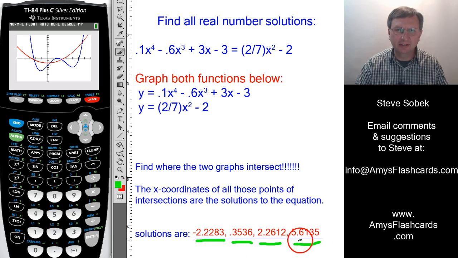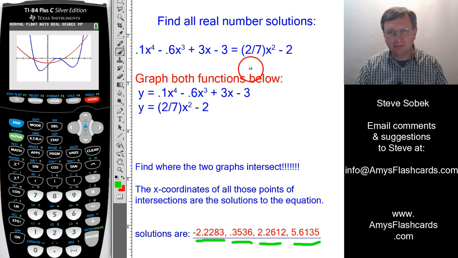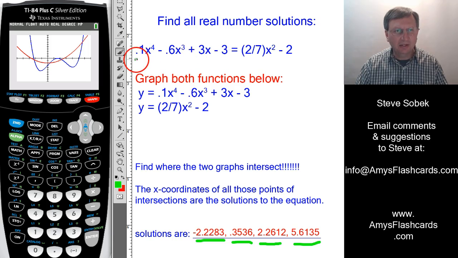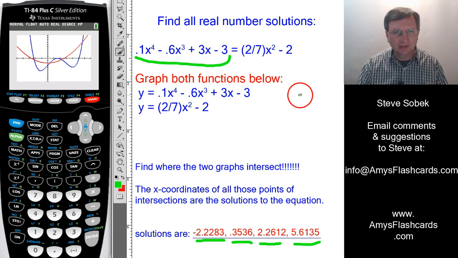solutions to this equation. In quick summary, what is method 2, the graphing method for solving equations? We graph y equal to the left side of the equation, as shown here. Graph y equal to the right side of the equation, as shown here.